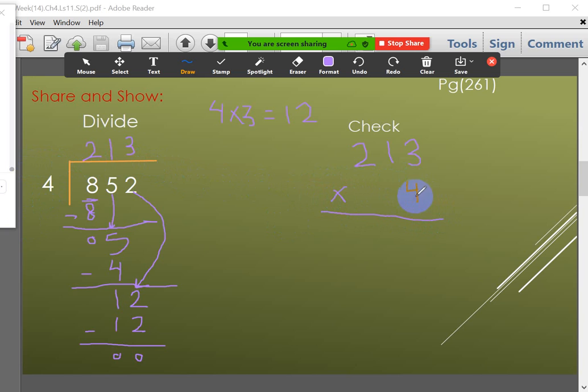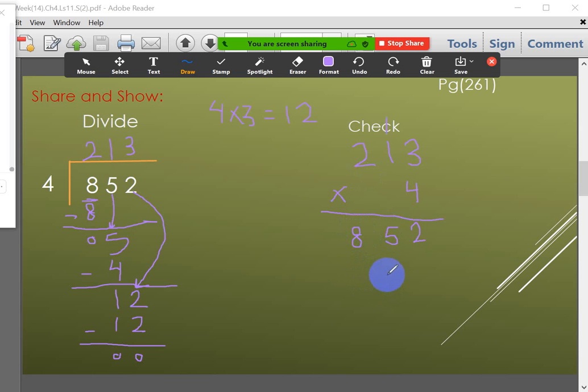Let's see. 4 multiplied by 3 equals what? 4 multiplied by 3 equals 12. So I have to regroup the number. I will put 2 here and 1 above the tens. Now 4 multiplied by 1 equals 4. Plus 1, 4 plus 1 equals 5. So I will put 5 in the tens digit. Now 4 multiplied by 2 equals 8. So I will put 8 in the hundreds digit.